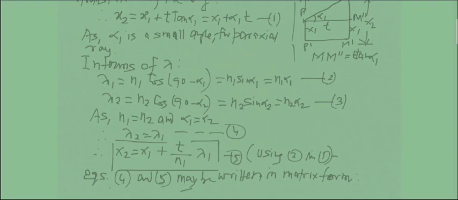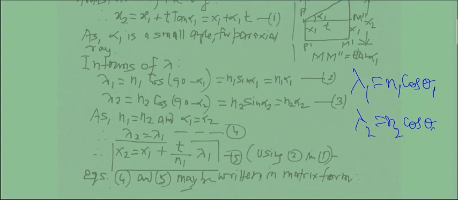Now what does it come out to be in terms of lambda? I already told you that lambda 1 is equal to n1 cos theta 1 and lambda 2 is equal to n2 cos theta 2.